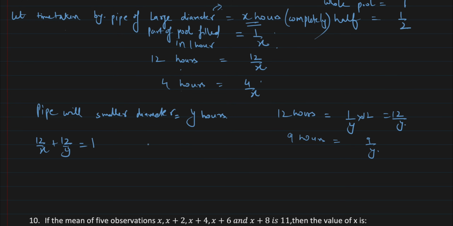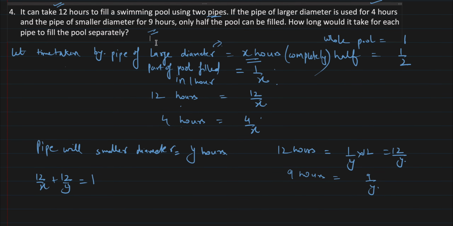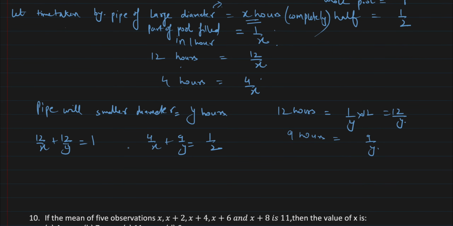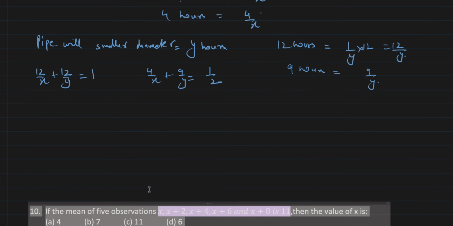Second one, if the larger one works for 4 hours, smaller one works for 9 hours, then only half of the pool is filled. So 4 by x plus 9 by y is half. Okay students, still here? How I framed the equation, I hope it's clear. Now, how to solve this type of linear equation, right? So what we will do is, I'll just borrow a little more space here.